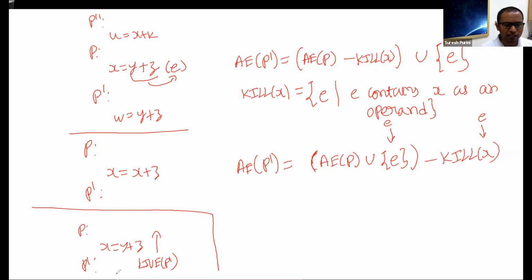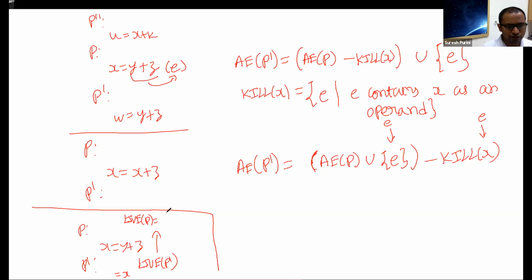For example, X could be live at the earlier point, but X is not live here at the program point P', because it is being defined on the LHS. So this is what we did in the last class.